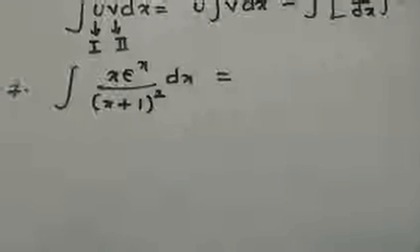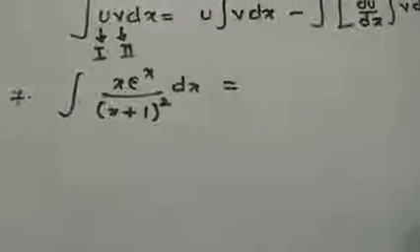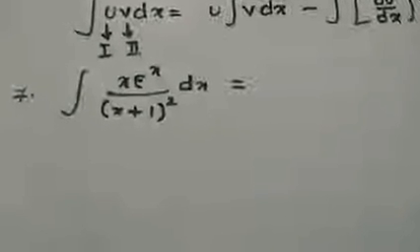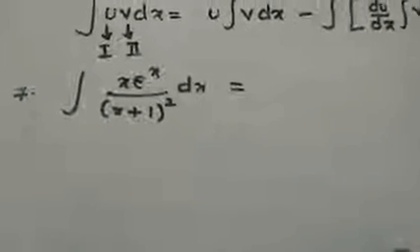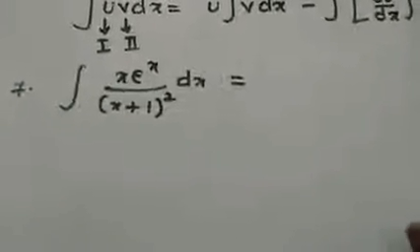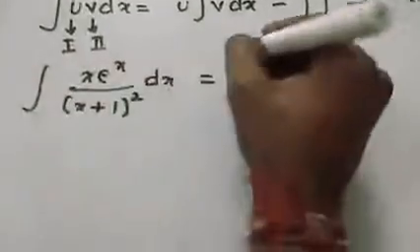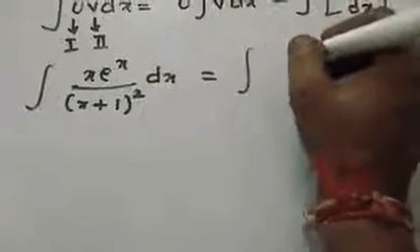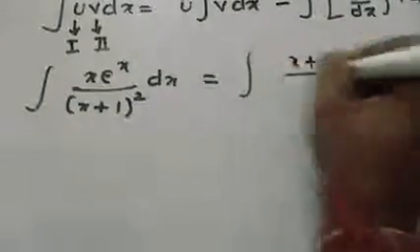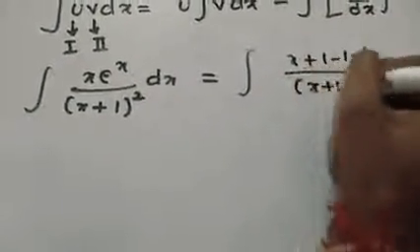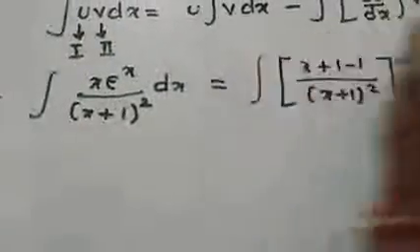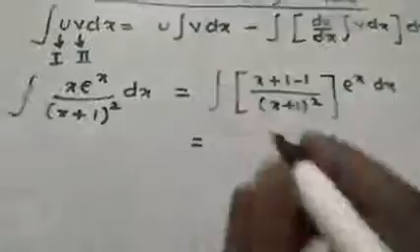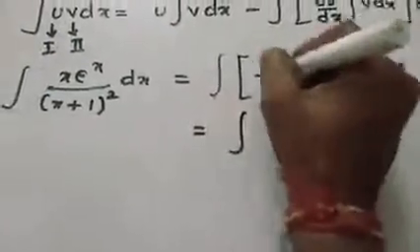Okay, now question number 7. This question is very important for exam purpose, that's why I am doing both the short trick as well as the without short trick method, for MCQ as well as your theoretical part. So first of all, let us express x in the same form, that is x as x plus 1 minus 1, divided by x plus 1 whole square, in the form e to the power x dx.